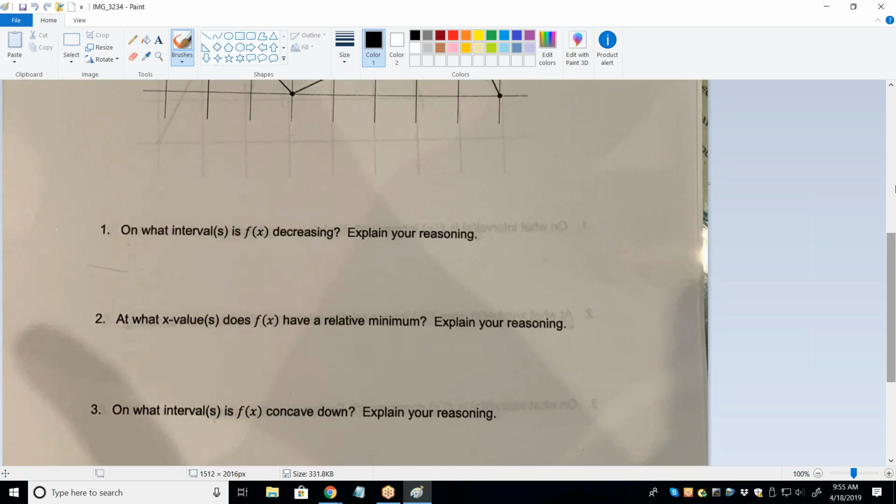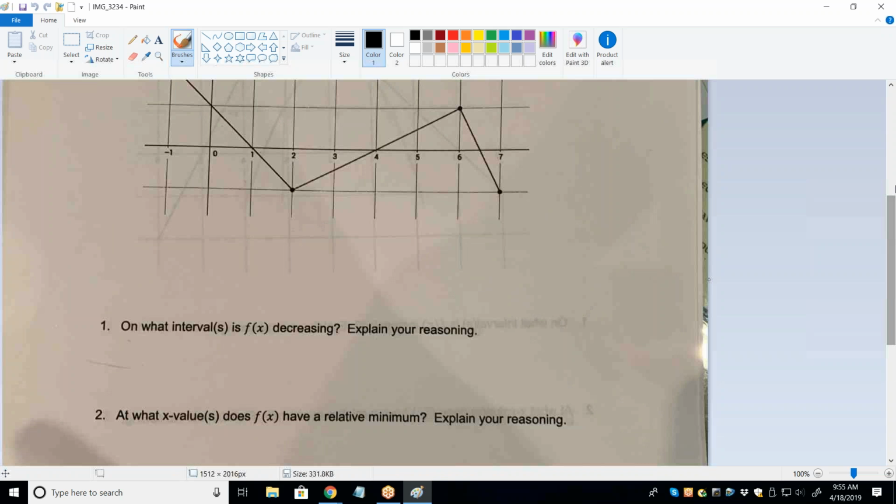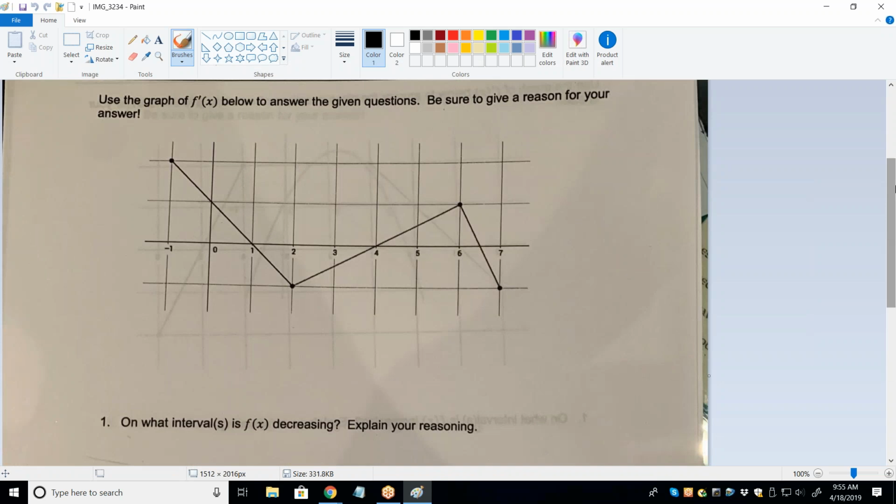And on what intervals is f of x concave down? Isn't that where the double derivative is negative? Yes. So from -1 to 2 and 6 to 7?